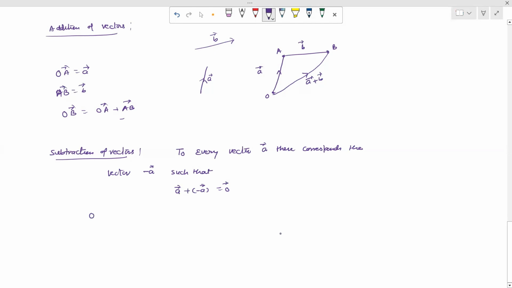So we can say that vector OA is equal to A vector. Then we take the corresponding vector, that means AO. So AO equal to minus A. So vector OA plus AO is equal to OO, which is the null vector, 0 vector.